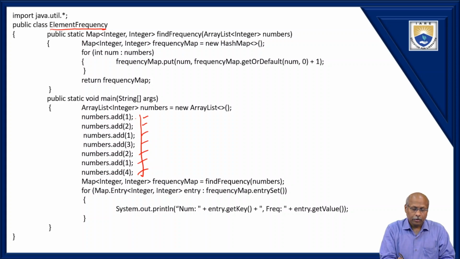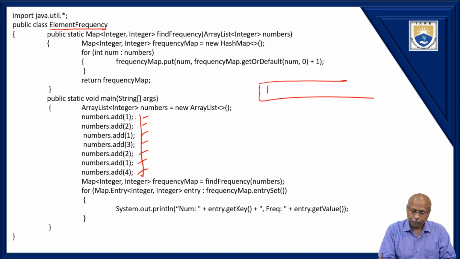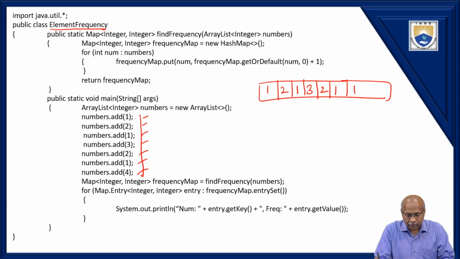1 is available the first time. So I am maintaining an ArrayList: 1, then 2, again 1 has come. Now 3, again 2, again 1, again 1. Sorry, 3, 2, 1, again 4.